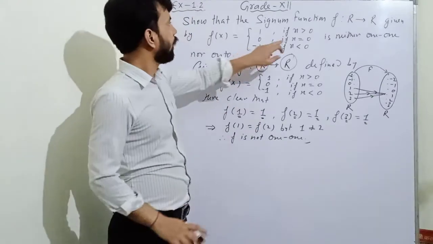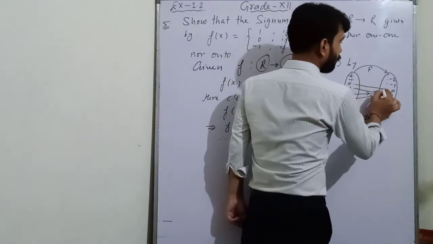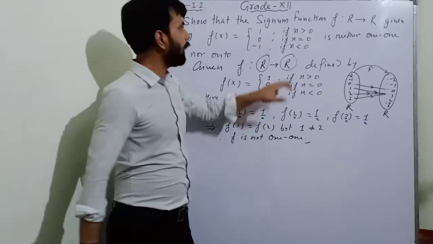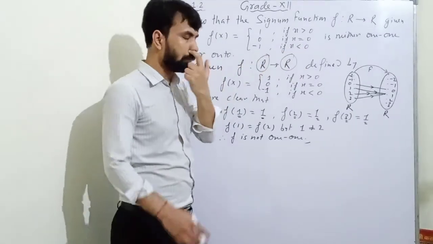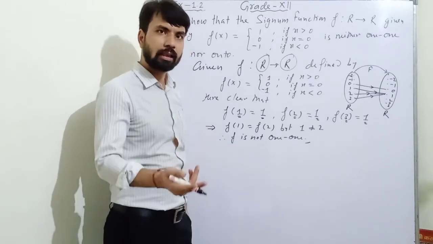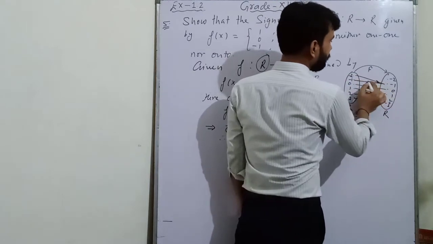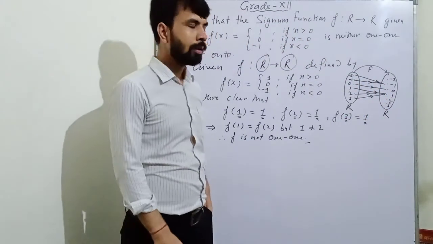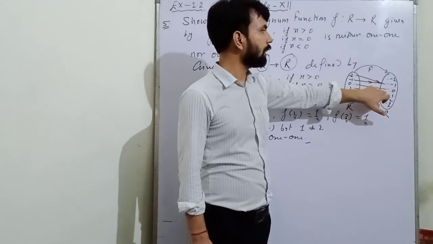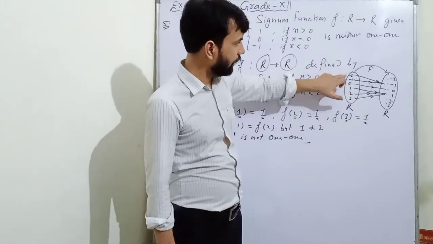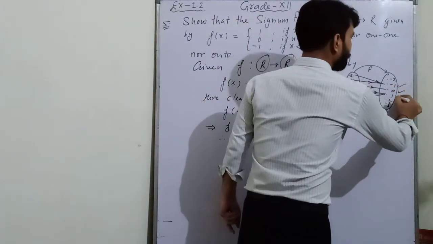Clear? For x equal to 0, the image will be 0. So the image of 0 will be at 0. And for all x smaller than 0, the image will be -1. Means on numbers smaller than 0, what will the image be? It will be -1. So the image of -2 is -1, the image of -1 is -1. Clear? What are we seeing here is that the images of all elements are being made on these three numbers, -1, 0 and 1. The images of all elements of the domain are being made on only how many numbers? On 3 numbers, -1, 0 and 1.